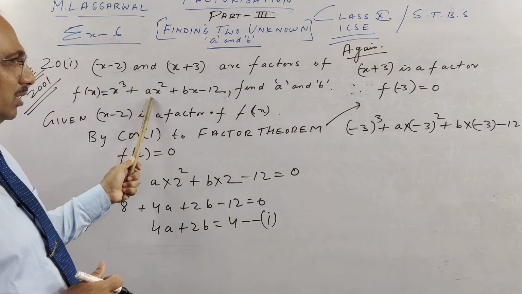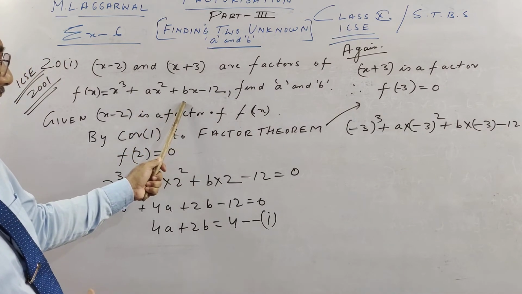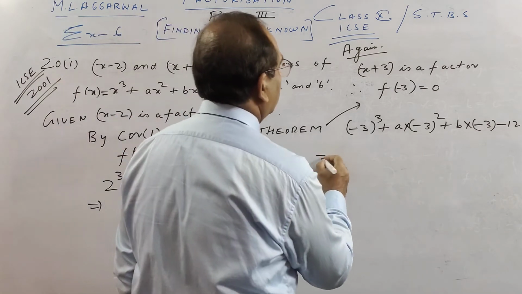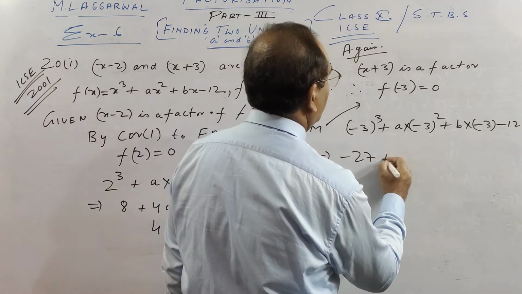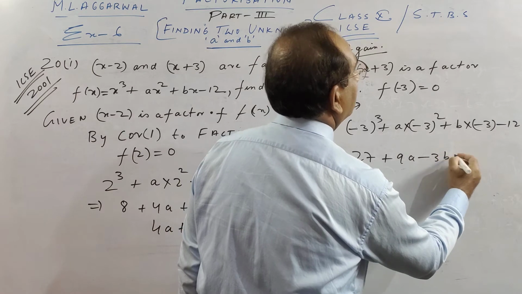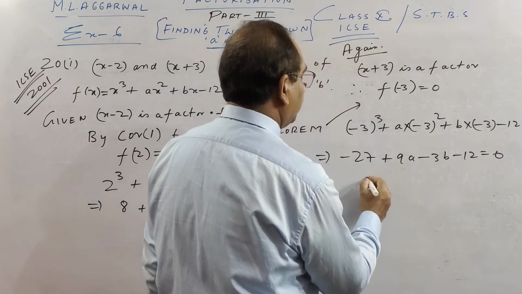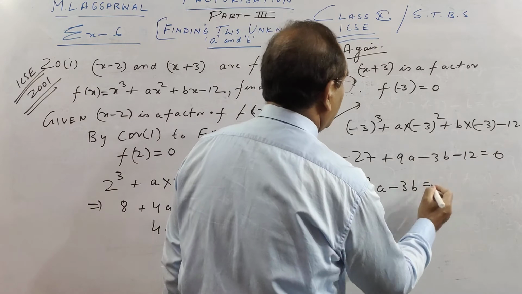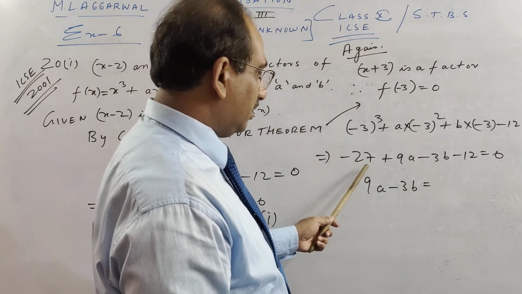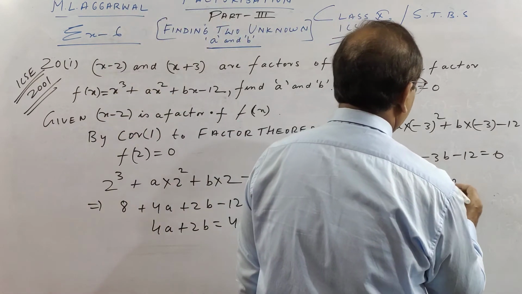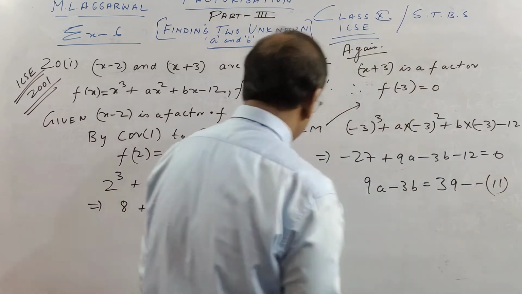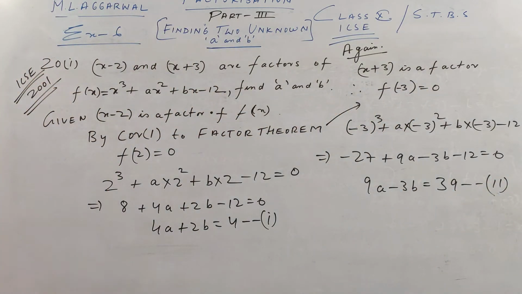So what do we get, children? Minus 27 plus 9a minus 3b minus 12 is 0. So we get 9a minus 3b, and if you add the constants, you will get minus 39. It will become plus 39 on the other side. So kindly pause the video and copy. Then we are going to finally solve them simultaneously to get a and b.